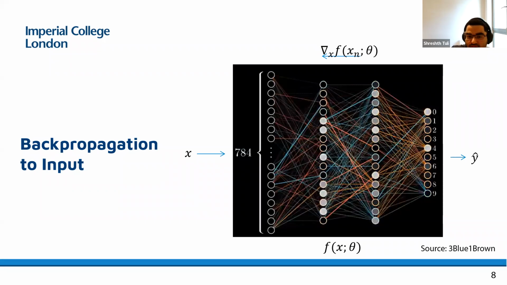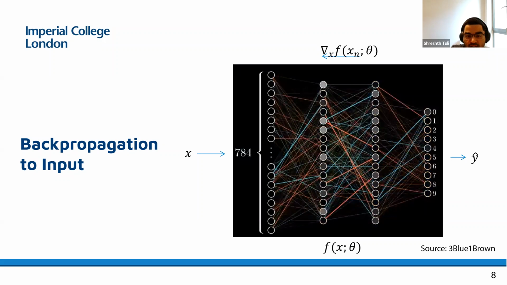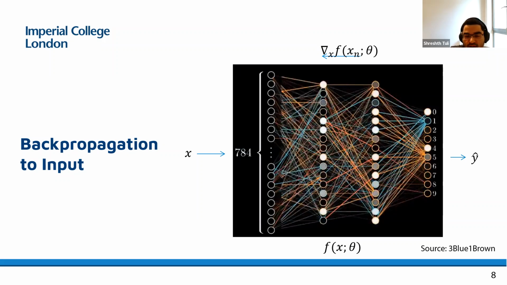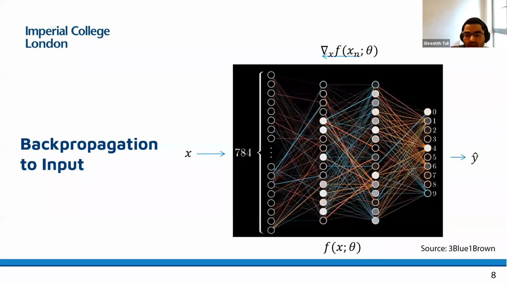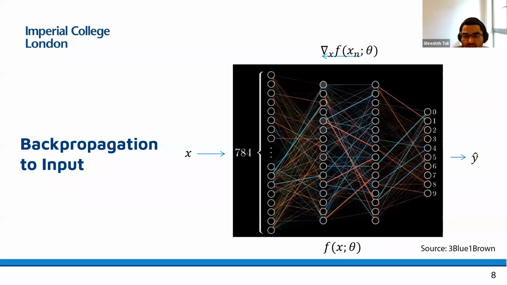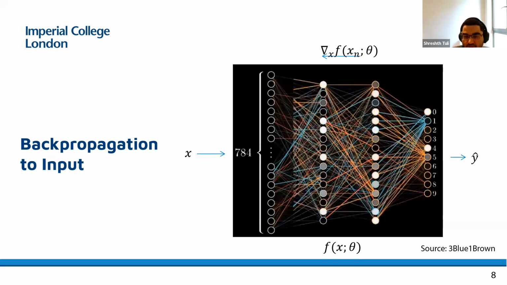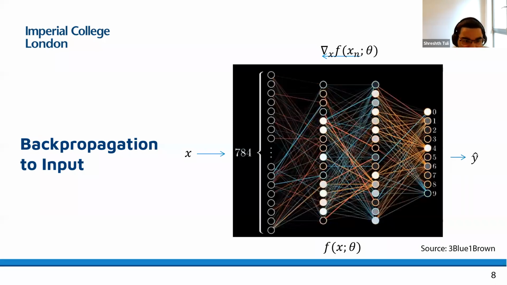So the forward animation shows the activations of the neurons leading to the neural network output, and the backward animation shows how the gradients with respect to the input are calculated. And this complete idea is what we call backpropagation to input, for calculating gradients, with the acronym BOBI.